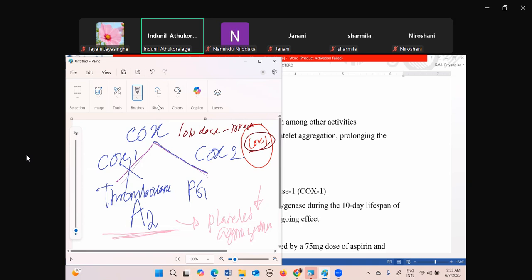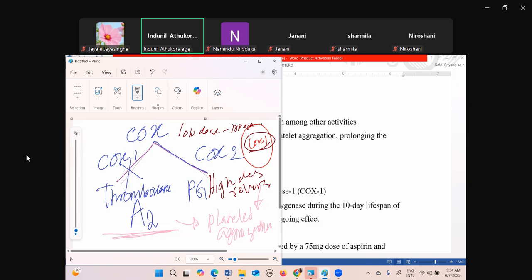But at high doses, this becomes reversible. This inhibition is reversible when you give high doses, like the analgesic dose of 300 milligram. At that level, we can't achieve antiplatelet activity. And if you want antiplatelet activity and it can be achieved by 75 milligram, we don't have to give more.